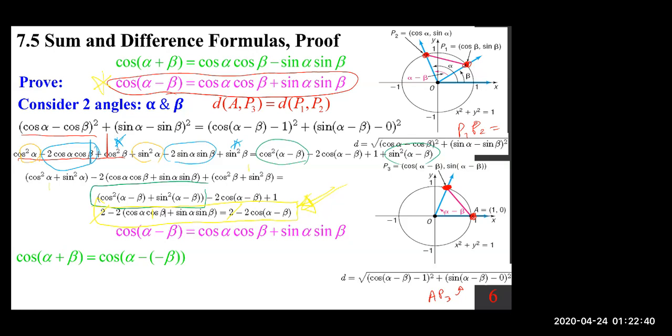Now, look at the purple formula. In the purple formula, alpha remains unchanged. Beta will change to negative beta. Do we see that, everybody? Look at the purple. We just proved. So we are going to use the purple formula.